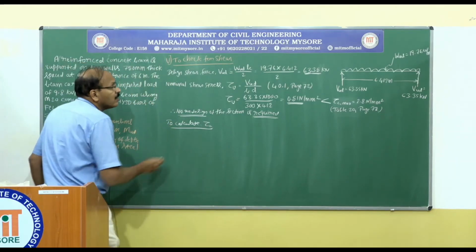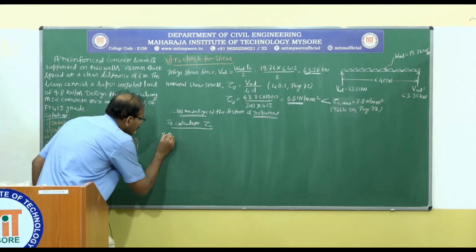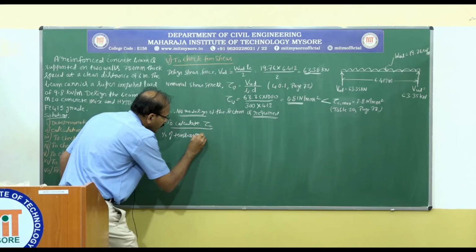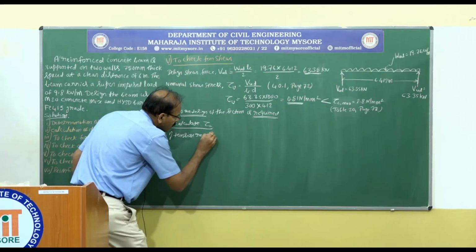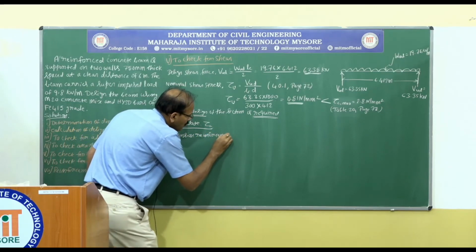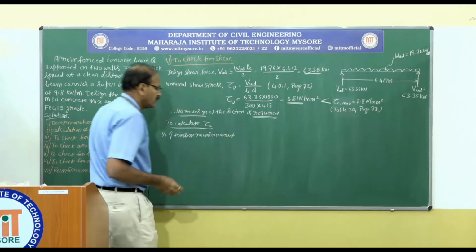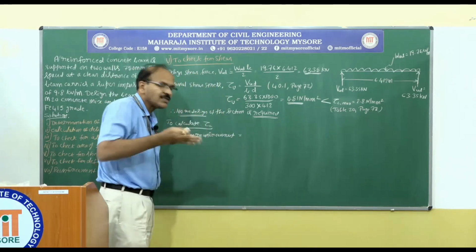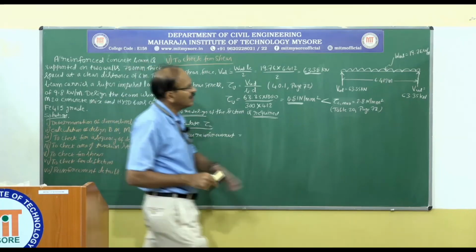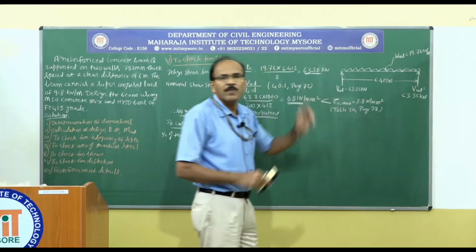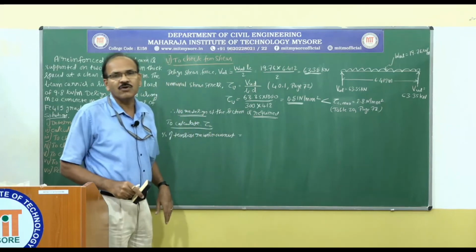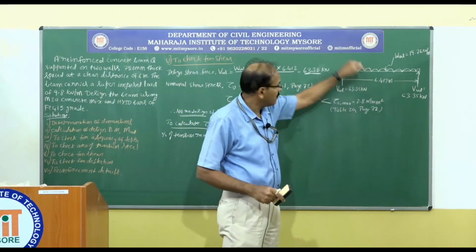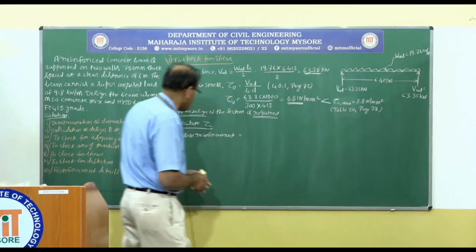Percentage of tension reinforcement, equal to, at the section where we are finding the shear strength of concrete. Okay, not at the midsection. Instead, it is at the support.